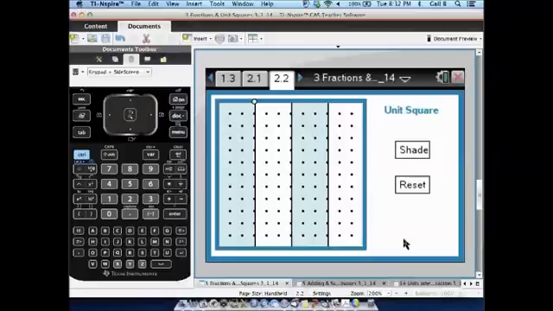Anything else, Gail, that you'd like to add on this particular file? No, I did see someone asked a question about what application do these play on, and they work on the handheld, they work on the Nspire app, and they also work on the software, obviously. And you can use the player if you don't have a Mac.